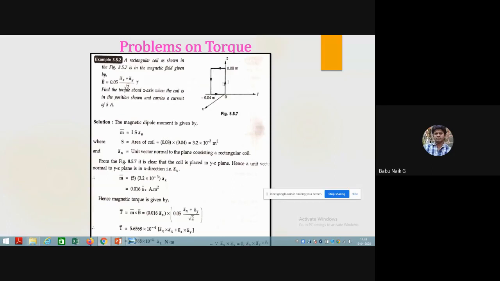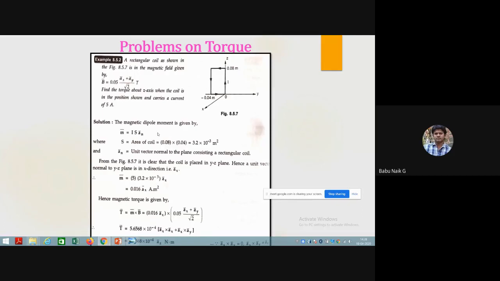What will it be on the z axis? We know the dipole moment: the M vector is equal to I into S, along the normal direction. S is nothing but the area of the rectangular box.